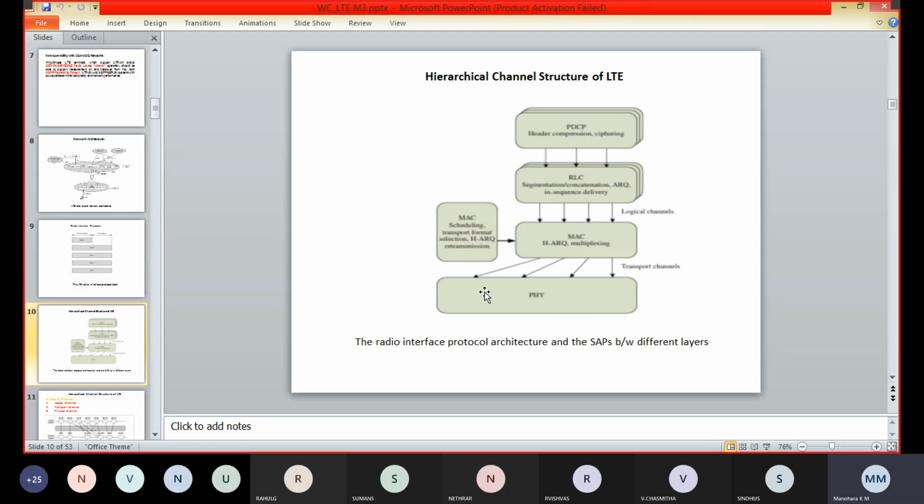So here the physical channels are the actual implementation of the transport channels over the radio interface.